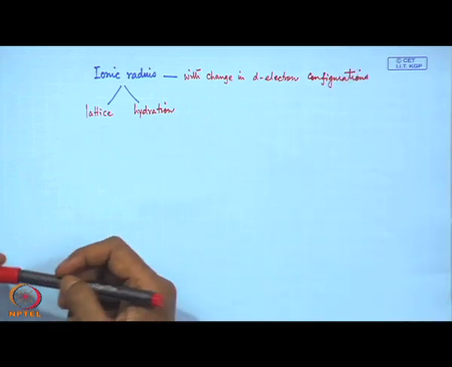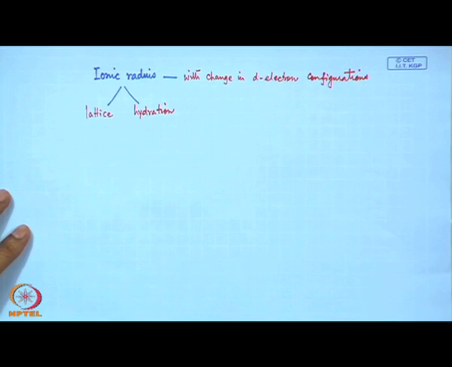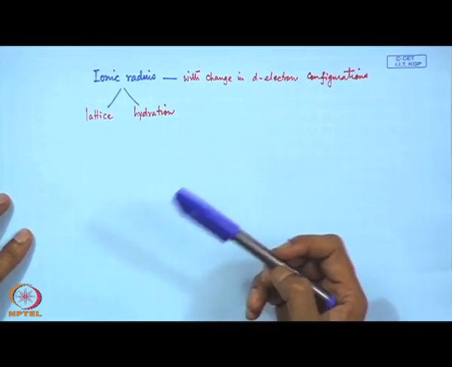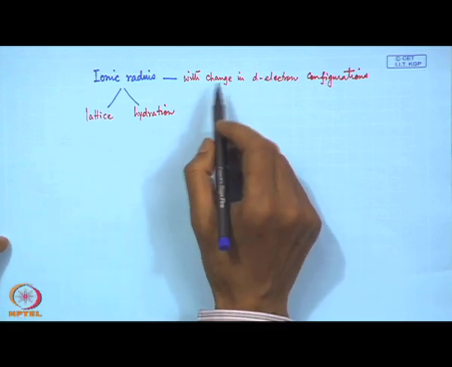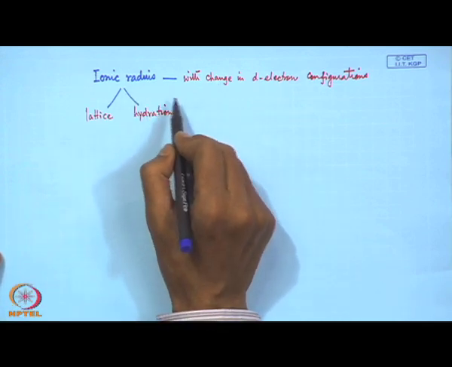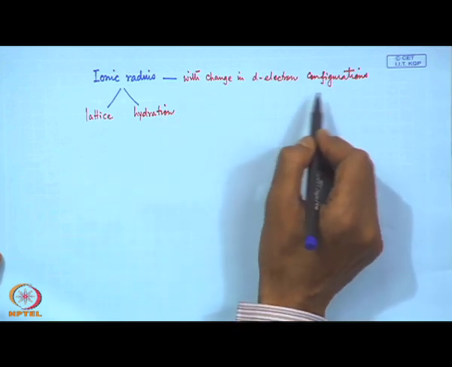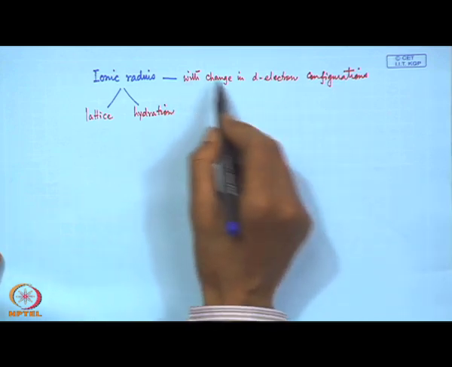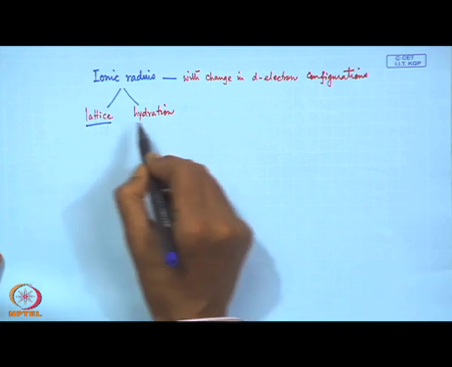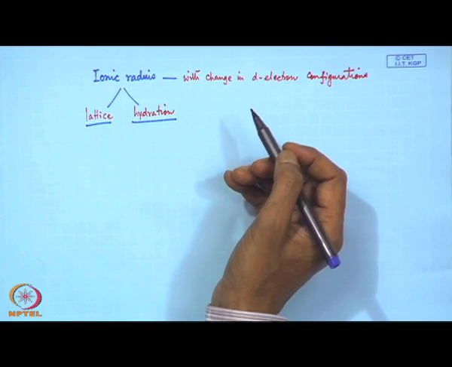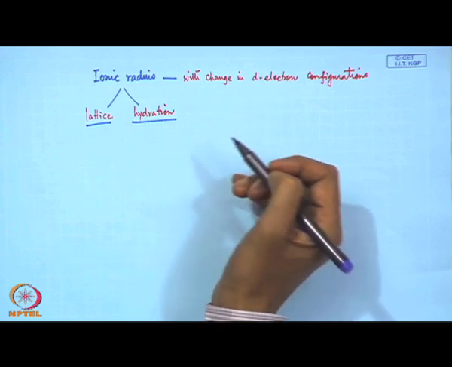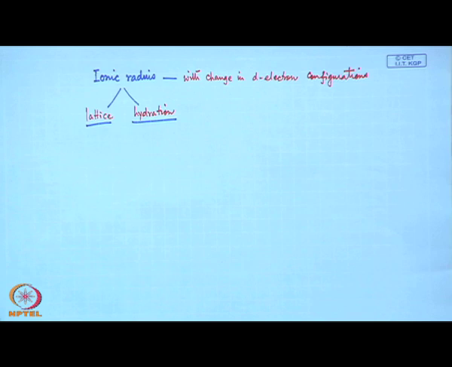So, the effect we see in terms of the crystal field is that ionic radius will also change with the change in the d electron configuration, and that change can interact differently with the solid phase anions or the water molecule for their energy change due to lattice formation and hydration.